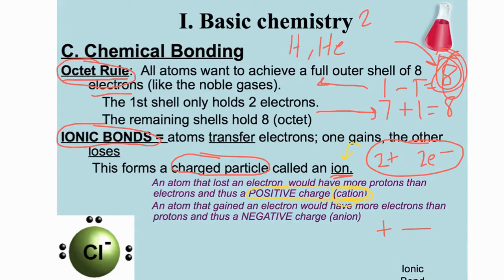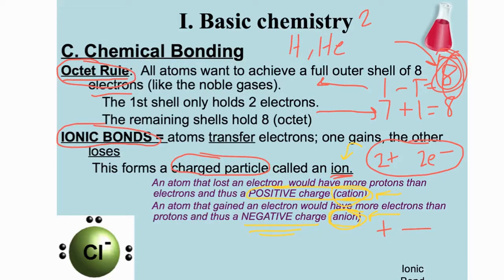If an atom gains electrons, it'll now have more electrons than it does protons. It'll then have a negative charge. Those guys are called anions. So cations are positive because they lose electrons, and elements that gain electrons will become negative and become an anion.